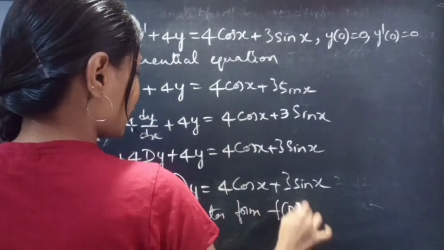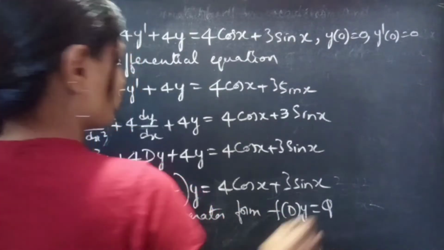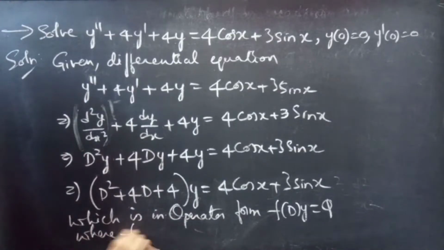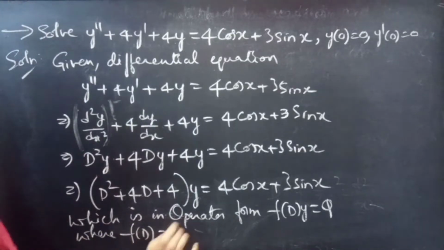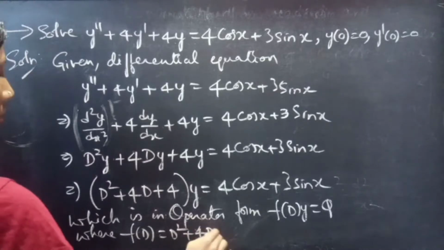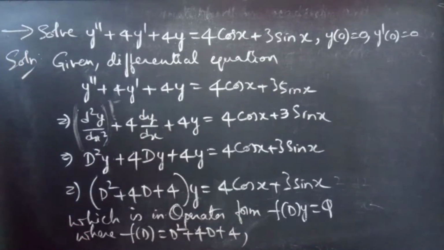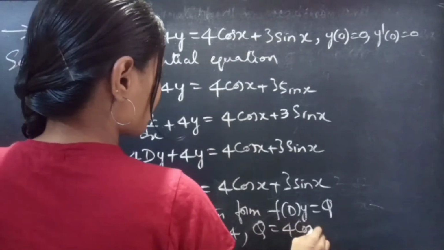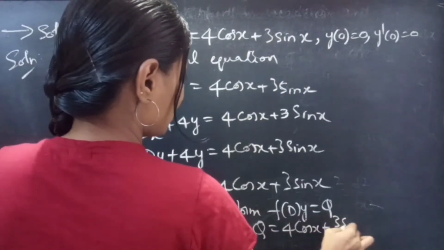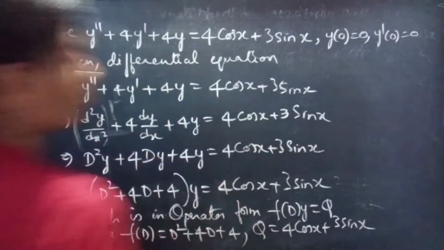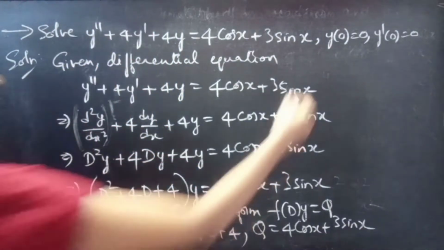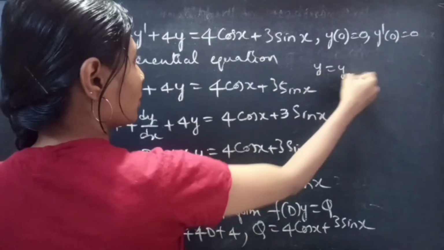F(D) y = Q, where F(D) = D² + 4D + 4 and Q is 4 cos x + 3 sin x. Right? Now we need to find the general solution to the given equation, which is given by y = yc + yp.